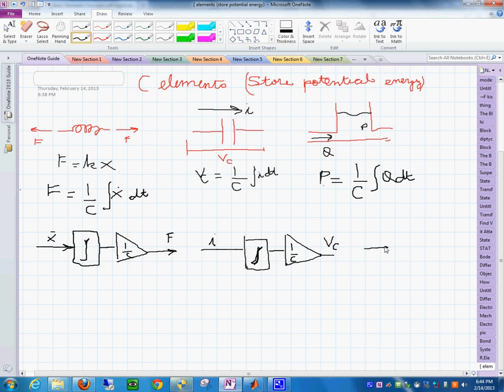This one in here, the input is Q, gets integrated once, and then gets multiplied by what? 1 over C over here. This is in general, C is the capacitor, but I'm almost tempted to make a difference, call it C mechanical in here, so you don't think it's the same C. C hydraulic.